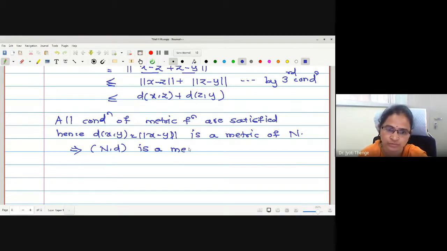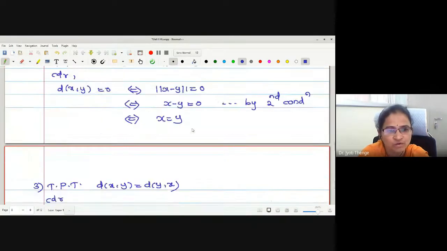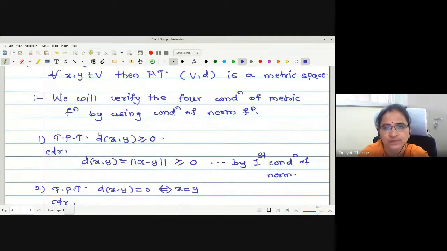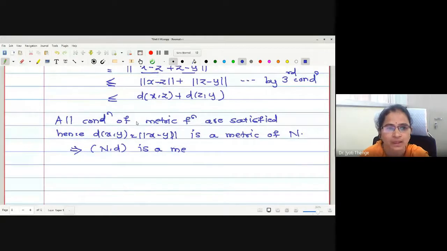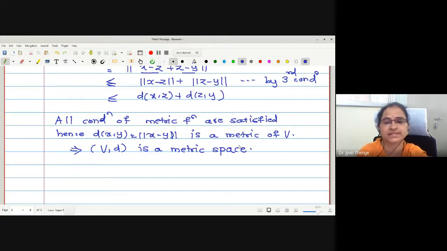What is the symbol, N or V, I have used? Sorry, it's V. Here I will write V. Here also it is V. Therefore, can I write that (V, d) is a metric space? That is, every normed space is a metric space. And whatever this metric is, it is called the metric induced by the norm.